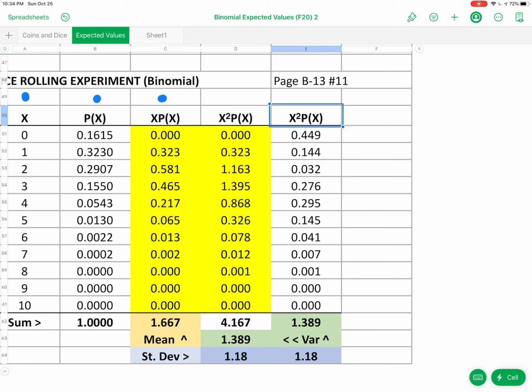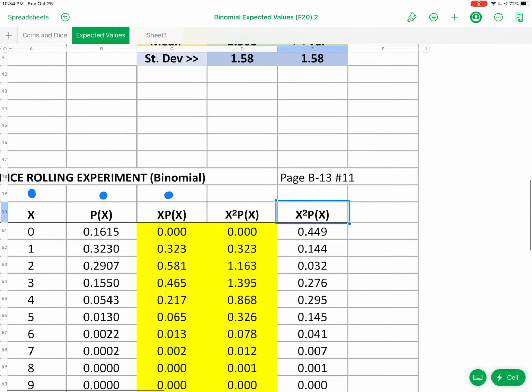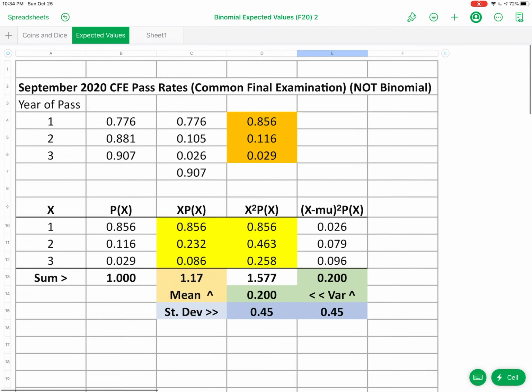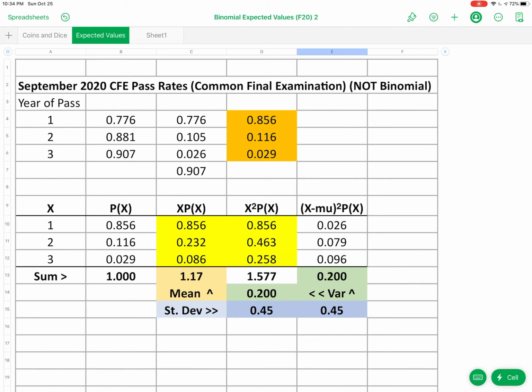I do want to show you one other thing here, and that is that you can have a probability distribution which is not binomial. And so the formula that we have for the expected value actually works for any discrete distribution. Let me give you an example here. Some of you are thinking about becoming accountants.